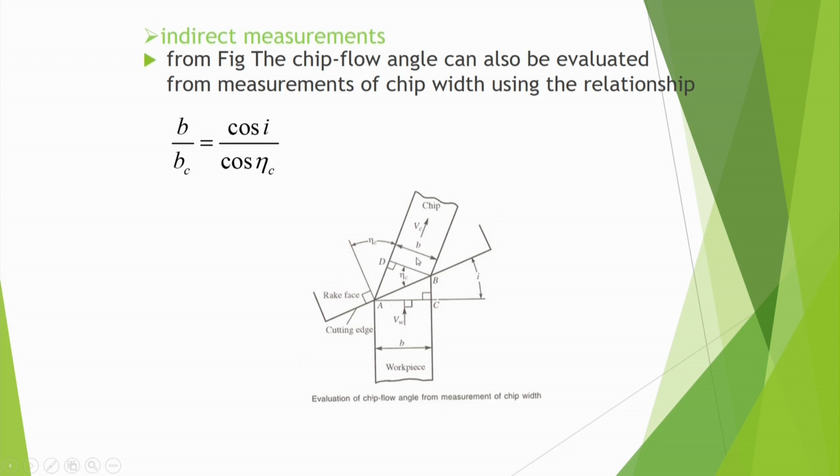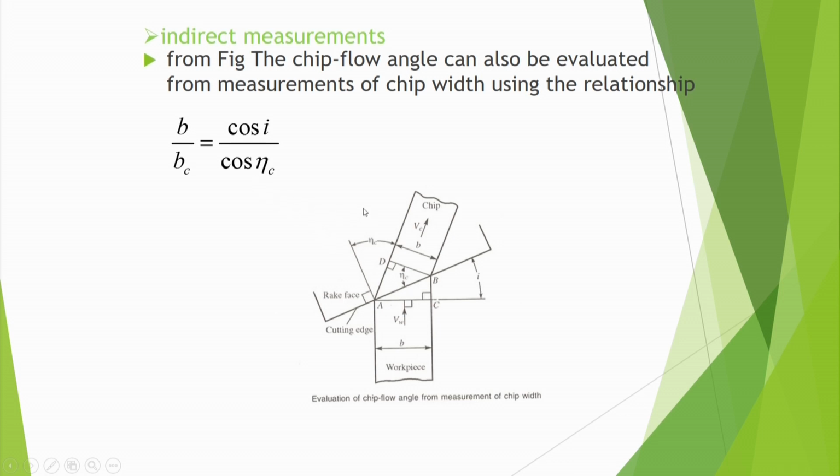Supposing the chip is going like this and the chip width comes out to B, then from this geometry, suppose this is eta c, then perpendicular to this will make eta c from here. So B divided by cos eta c will give us AB.